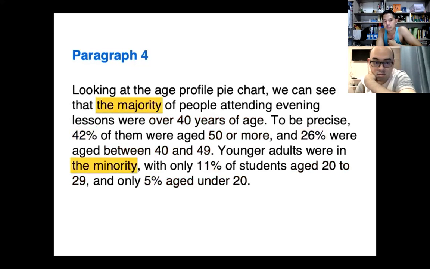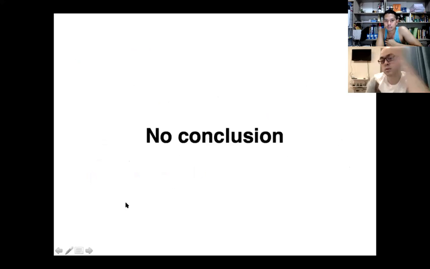Do you compare and contrast majority and minority? Yes, I did. To be precise, to give more information, use the phrasal verb or the prepositional phrase. Yes, I did. Or conjunctions. How to give numbers? I use with again. I did. And no conclusion is needed here.